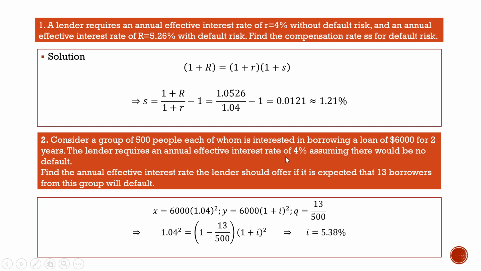So here a loan of 6,000 in 2 years, and the effective interest rate without default is 4%. So X should be 6,000 times 1.04 squared. Y is the amount received if there is default. So Y is 6,000 times (1 plus i) squared. Suppose i is the effective interest rate with default.